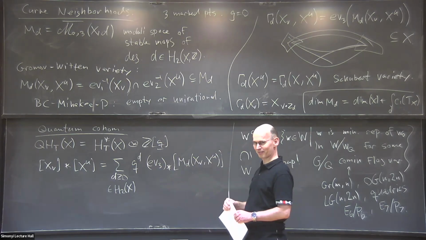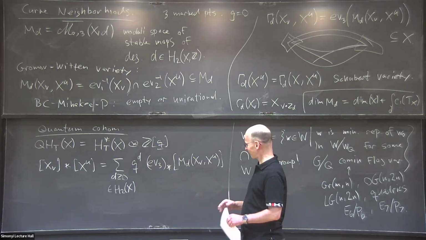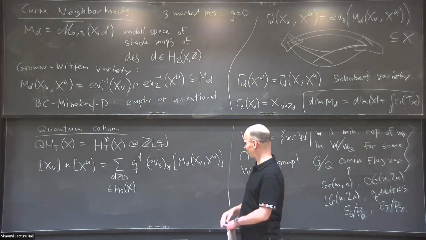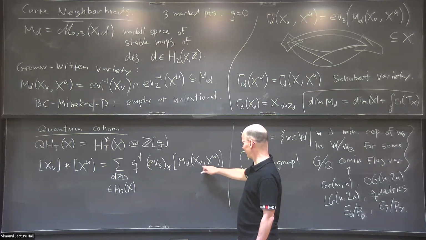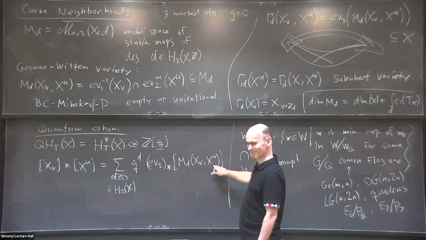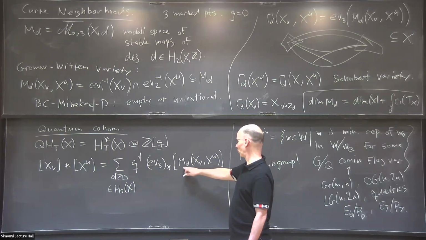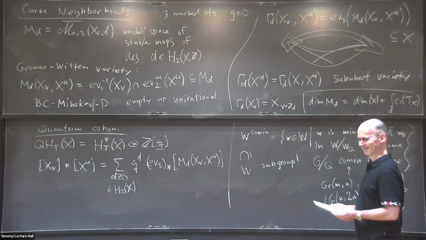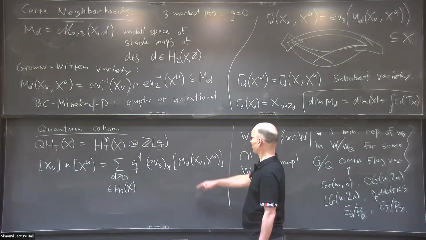If D is equal to 0, it's a Richardson variety. That's also true, yeah. If D is equal to 0, then it's just the intersection of XB with X. So if D is equal to 0, then the dimension of MD is the same as the dimension of the flag variety, according to what you wrote there. Yeah. But if the dimension of MD is bigger than the dimension of the flag variety, then you would get 0 when you push it forward.